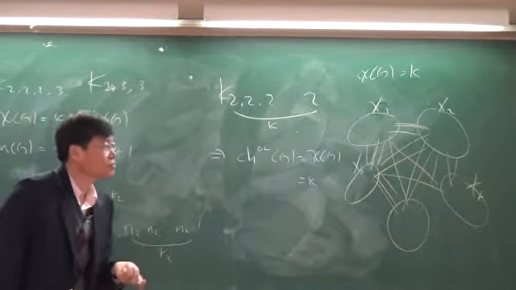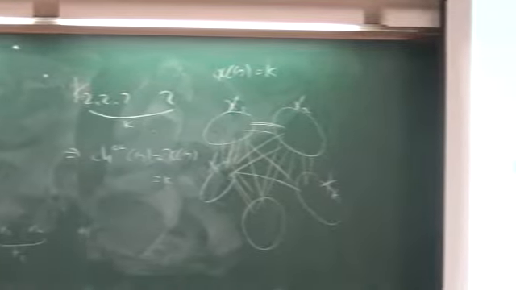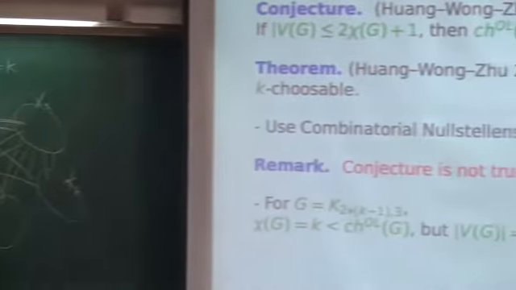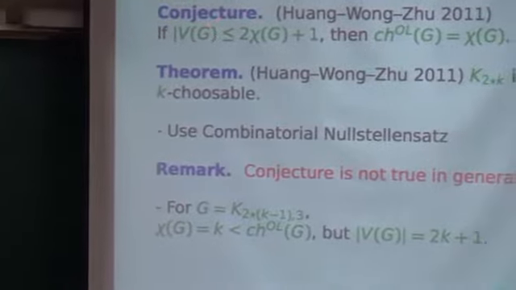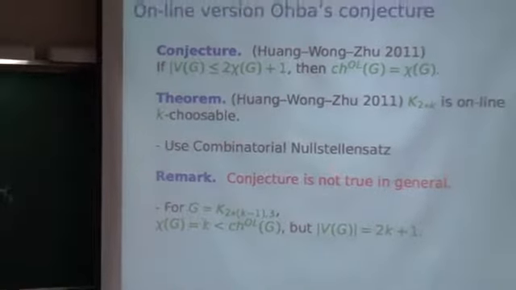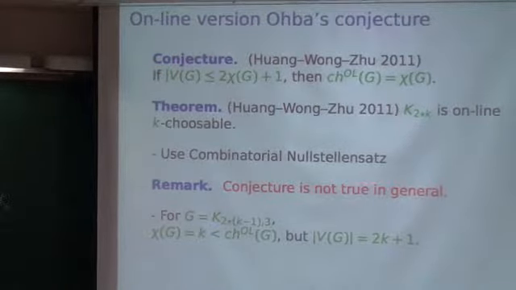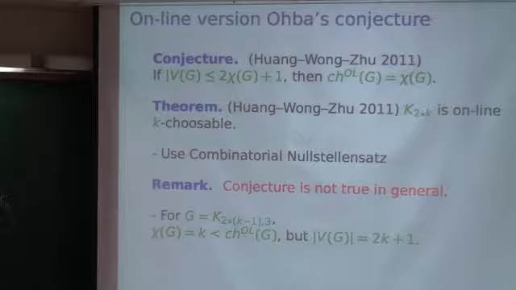And then they tried to prove this. They believed this conjecture is true, but last year, when Schrödinger visited here, one of our authors found this example. The conjecture is not true.